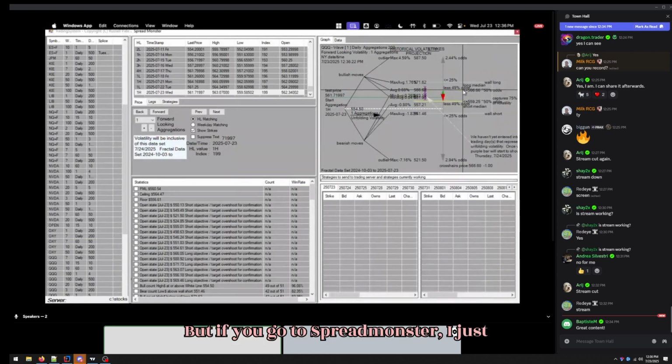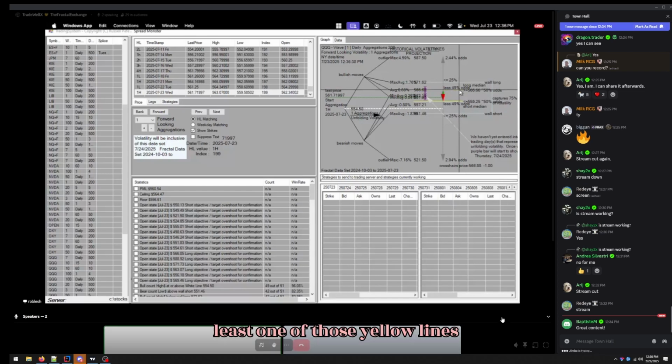I just get these median range values, these yellow ones, and mark them down, because the data says I think it's over 90% of the time, at least one of those yellow lines will get hit.